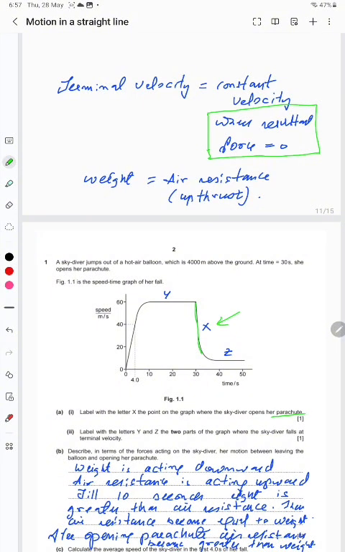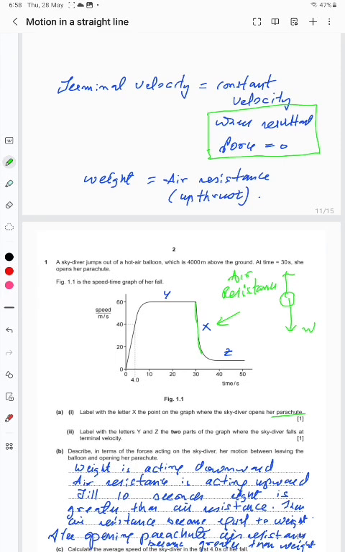If you consider the forces, if an object is falling, then weight is the force which acts downward, and air resistance is the force which acts upward. Weight is always constant while air resistance increases with speed. So when the object is falling, a point will come where air resistance gets equal to the weight.